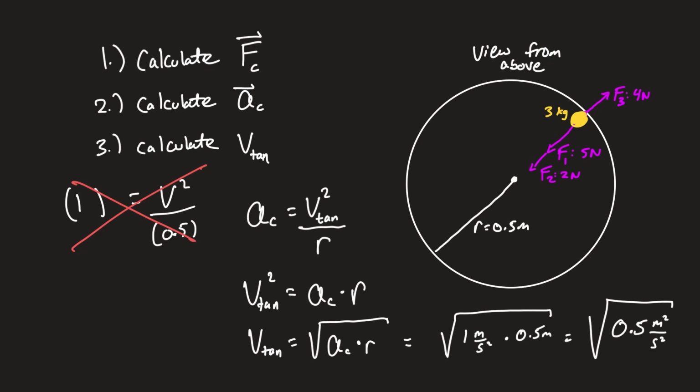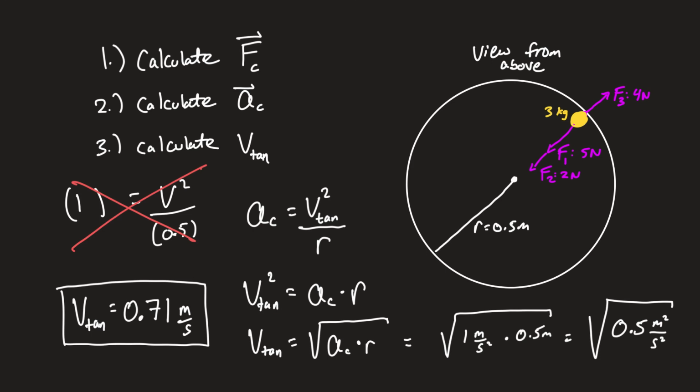So you get the square root of 1/2, and meters per second would be the units. I'll write the answer over here since I'm running out of room. So our tangential velocity is equal to, and I'm going to round to 2 decimal places to make it easy to look at, 0.71 meters per second.